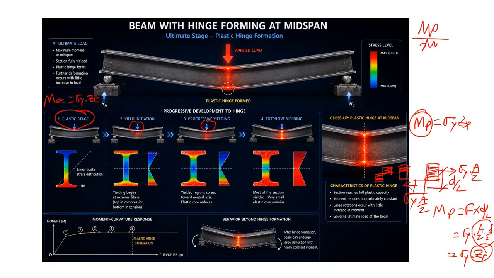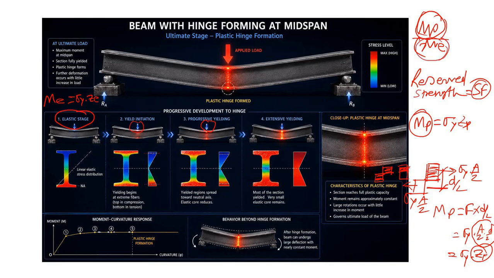We can say that after yielding or after elastic moment, any section will have some reserve strength. So this reserve strength is known as shape factor, or you can say this shape factor is simply the ratio of plastic moment and elastic moment.